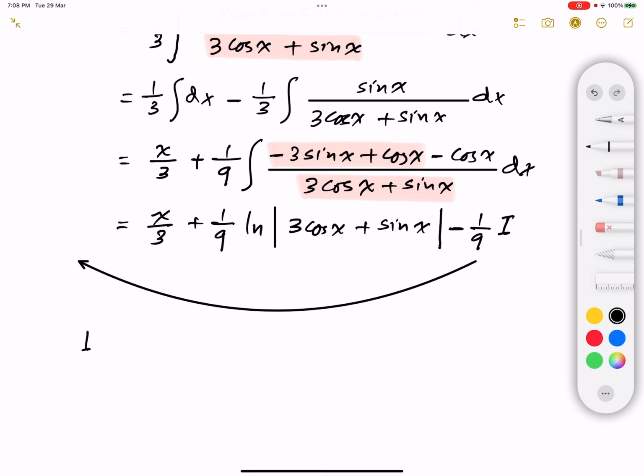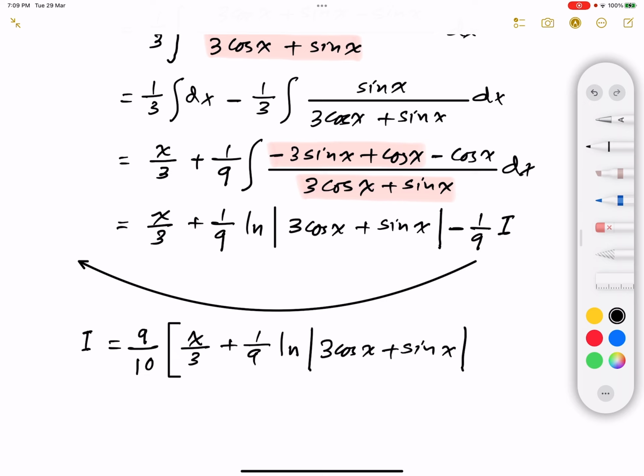So I would end up equal 9 by 10 multiplied by the whole thing, which is x divided by 3 plus 1/9 the natural logarithm of the absolute value of 3 cosine x plus sine x, and then we need to close the brackets, plus c.